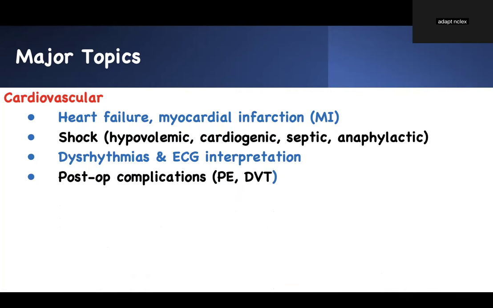You don't freak out, but just know certain things about EKG and individual cardiac rhythms. Of course, never forget PE and DVT. These are all associated with the cardiovascular system, even though you may think it is a respiratory problem, it also can affect the cardiac system. So this is what they're testing.